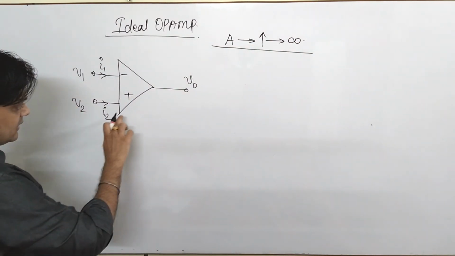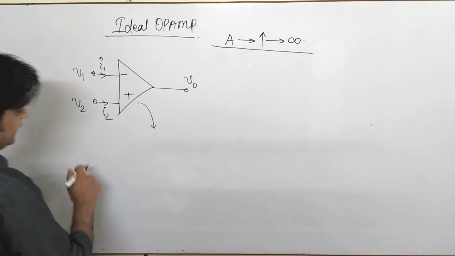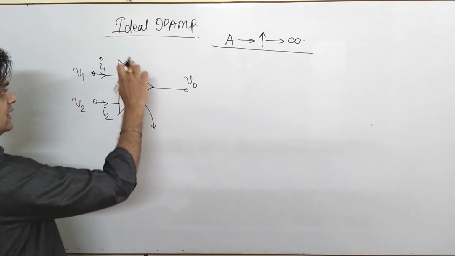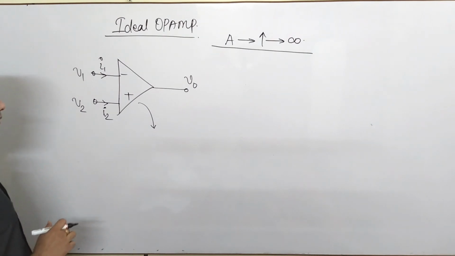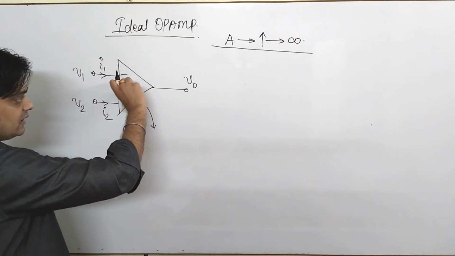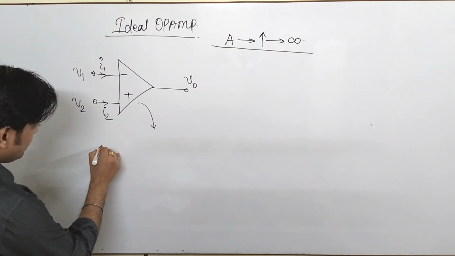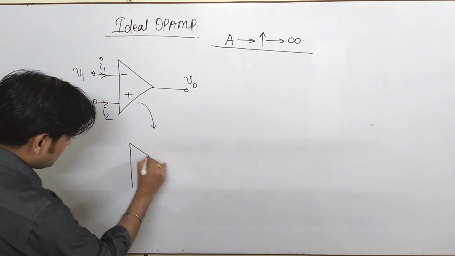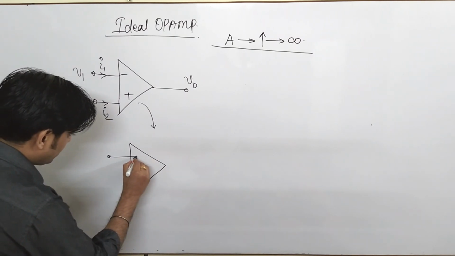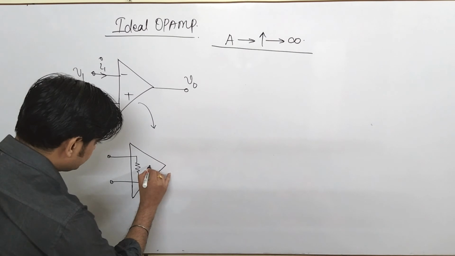That means if I draw its equivalent circuit, this is represented with some notation, but you cannot solve this network until you convert the operational amplifier into its equivalent network. So if you see, the op-amp is in this form. Just try to understand; from there we will try to get the concept of op-amp.